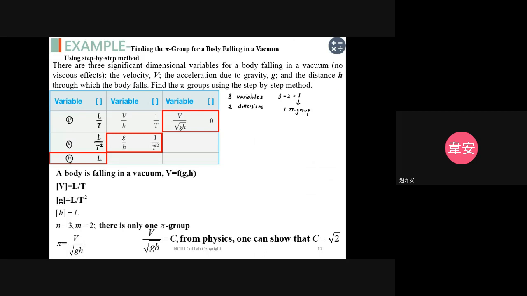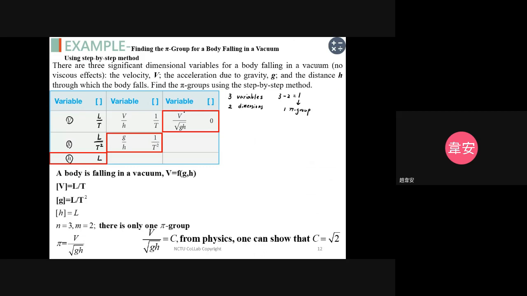We only have t squared over 1 for gravity and t over 1 for velocity. Then we use the gravity g divided by h ratio to cancel out the t dimension.